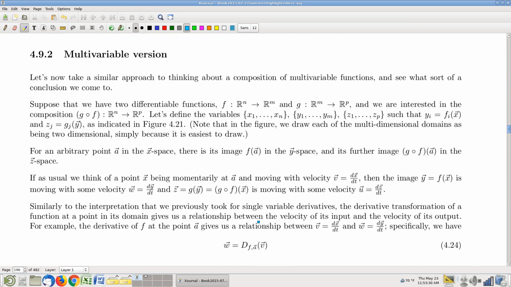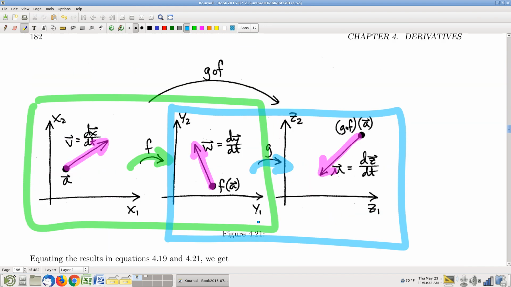Whereas, on the other hand, a more direct way of getting straight from there to there, given an x velocity, how do I directly relate to a z velocity? Well, the function that relates x's to z's is the composition. So the derivative transformation of that composition directly turns x velocity into z velocity.